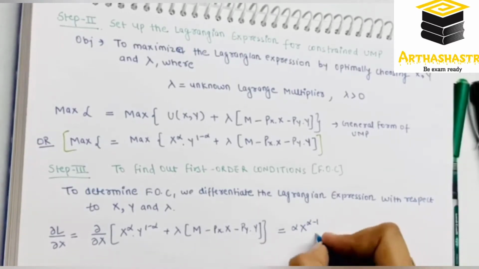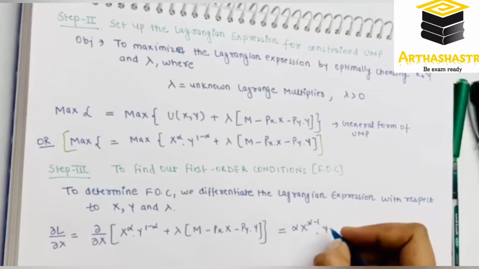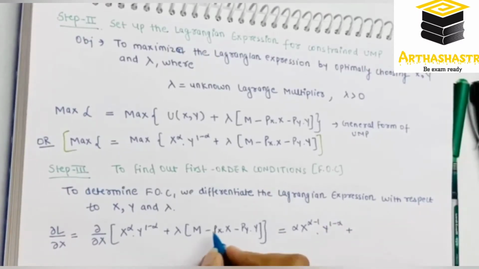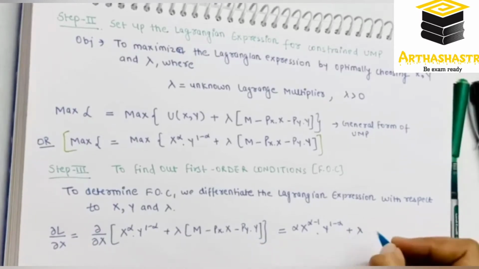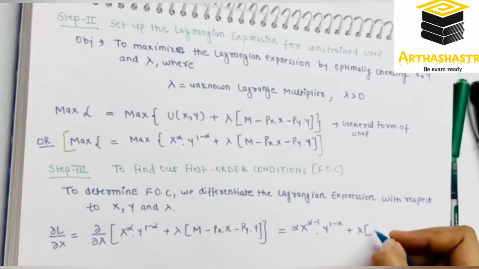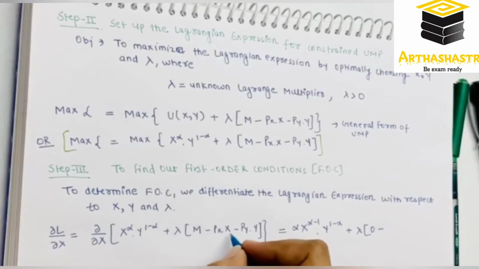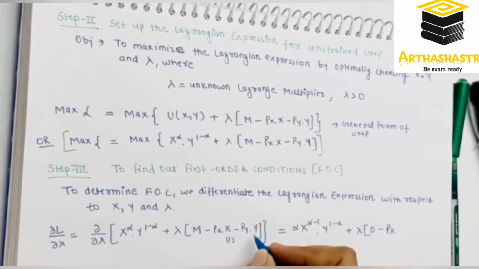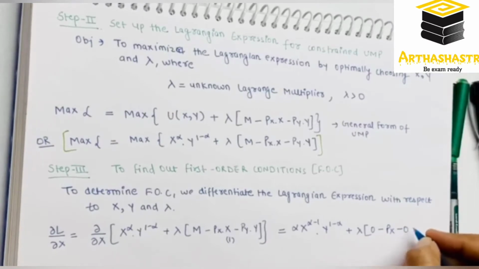y will remain as it is, because we are partially differentiating, y to the power 1 minus alpha, plus, since this is a multiplication, lambda will remain as it is. Now m is a constant, so while differentiating it with respect to x it becomes 0, minus the derivative of x, which is 1, and py times y is a constant in multiplication and does not involve x, so its derivative is 0.